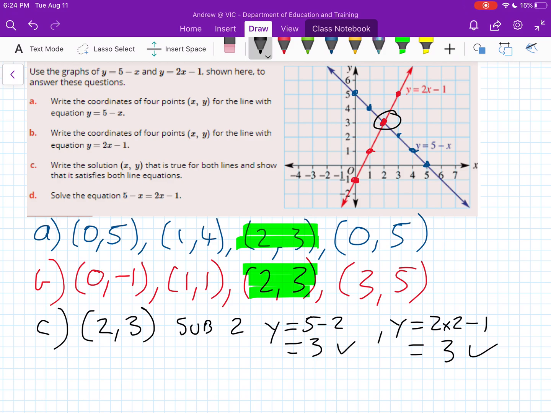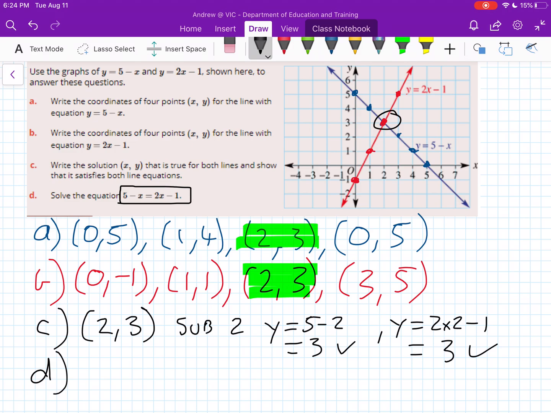So here with D, solve the equation 5 minus x is equal to 2x minus 1. They're both of our equations there, so we've just substituted the y values in for themselves: 5 minus x in for y into the second equation. Here, we actually don't need to do any algebra.